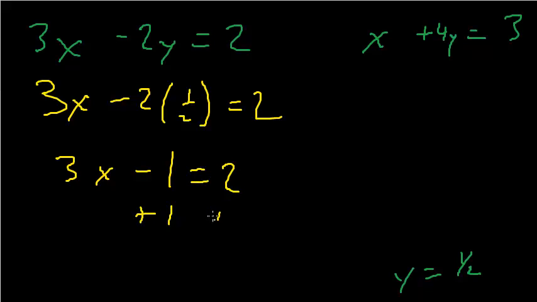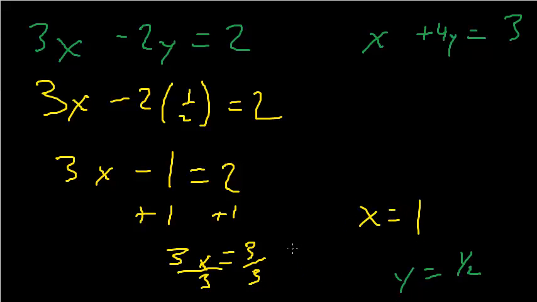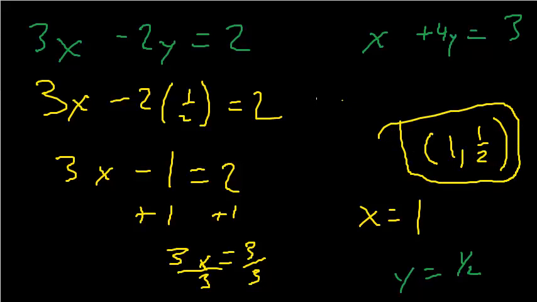I'll add 1 to both sides, so I have 3x is equal to 3, divide both sides by 3, and I find that x is equal to 1. So my solution in this case, I'm going to write as an ordered pair, 1, 1/2. And that is the solution to this system of equations.